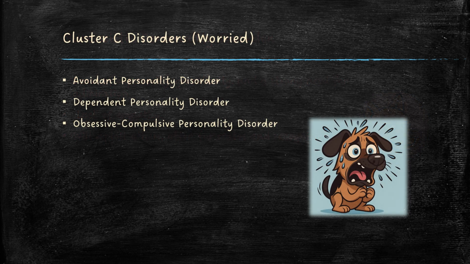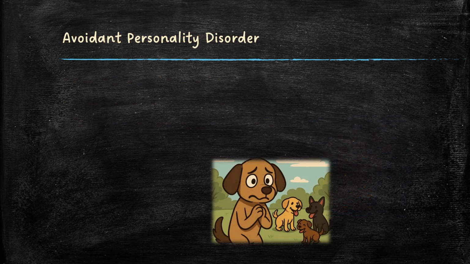Now we have cluster C personality disorders, the final cluster. They are avoidant, dependent, and obsessive compulsive personality disorder. We'll start with avoidant personality disorder. So for avoidant personality disorder, they have this social inhibition and intense fear of rejection because they feel inadequate.